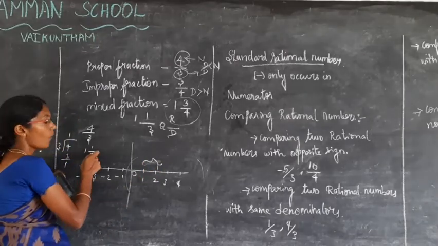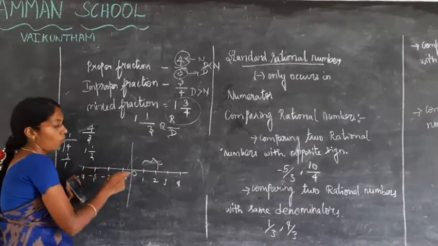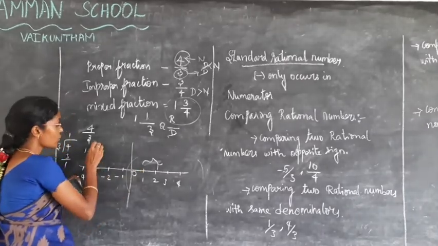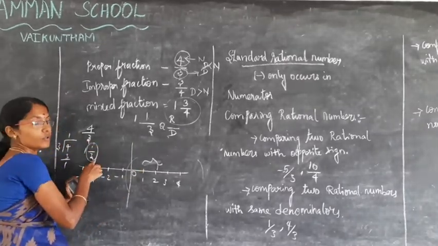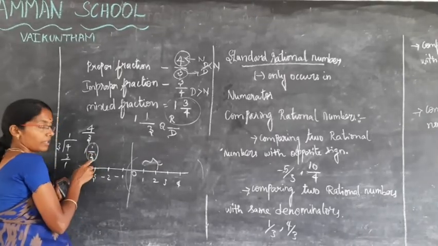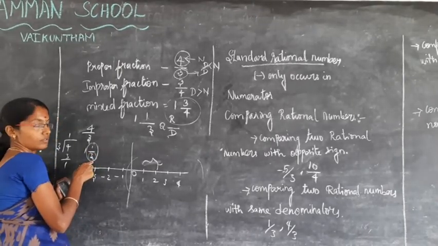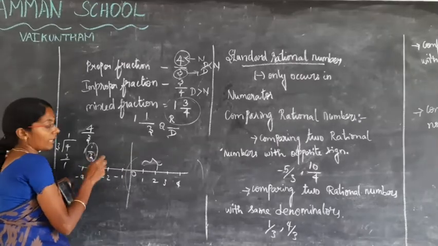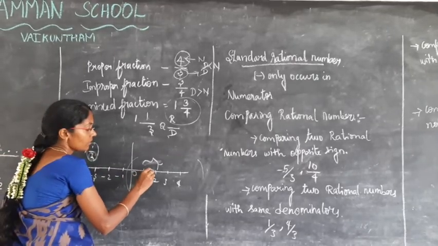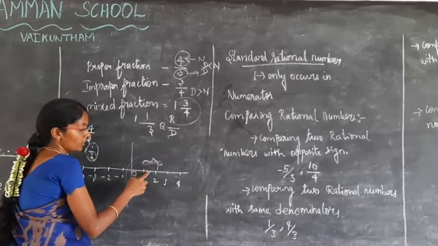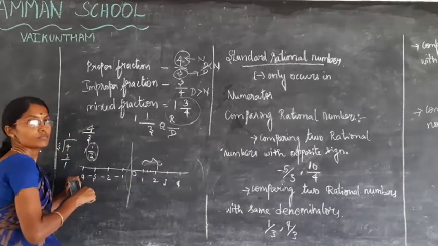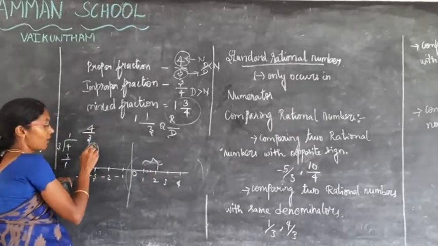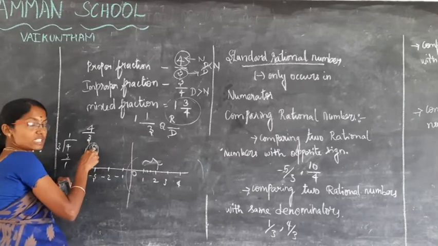So 1 by 3. The next one, 1 by 3. So how many parts? The divisor is 3. So we have to split into 3 parts: 1, 2, 3. So this one is a segment. In which segment does it occur?